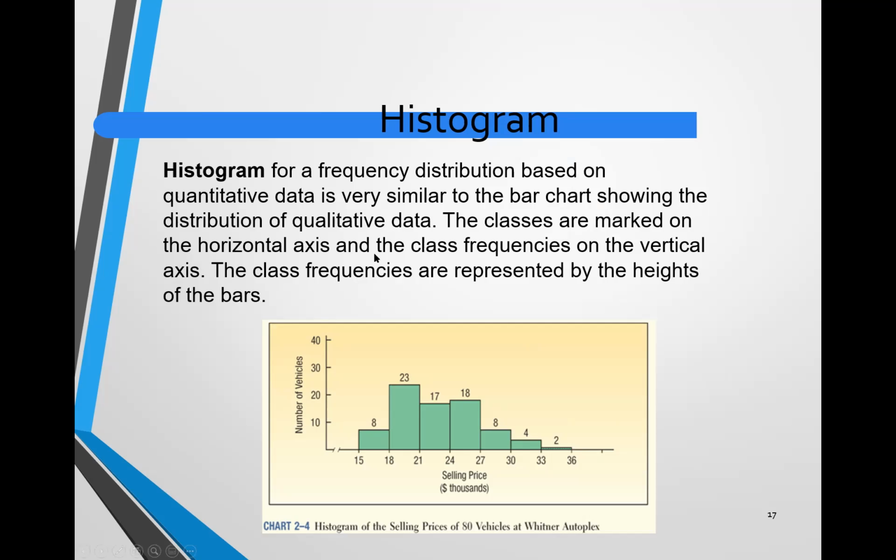Here the classes are on the horizontal axis and frequencies are on the vertical axis, and the height of the graph shows the frequency in each class.